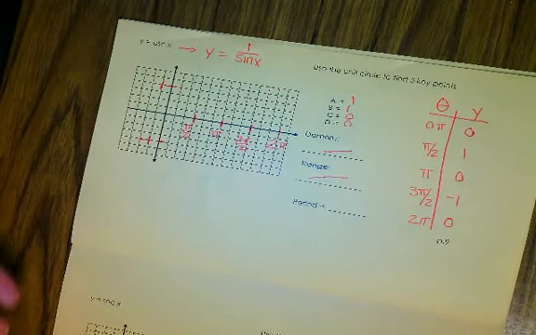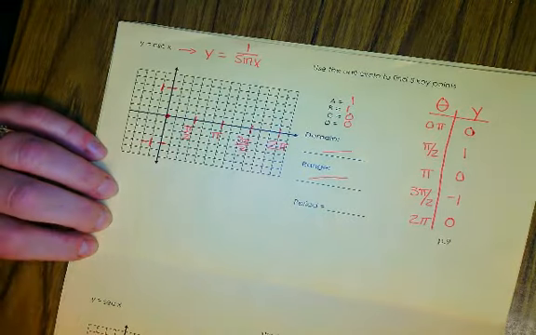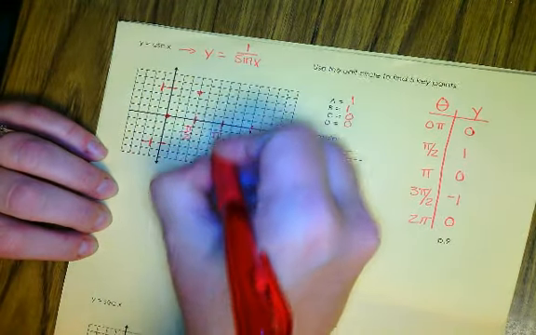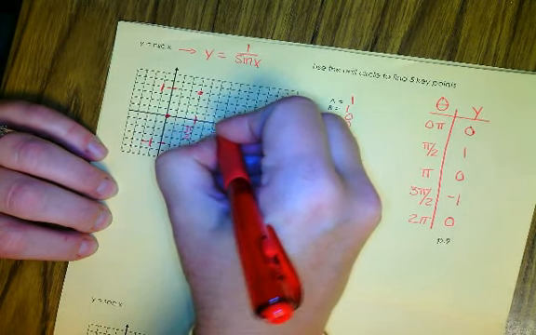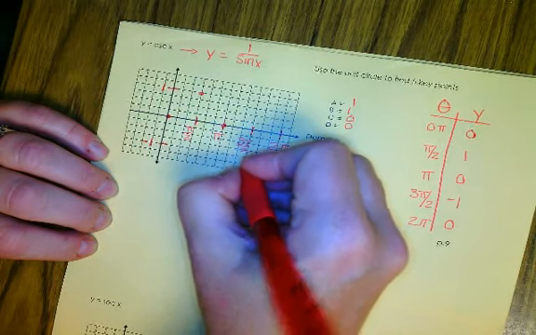So I'm going to graph just the regular sine function. Again, I'm basing everything right now off of the sine function. So plot all those points to create your sine function.